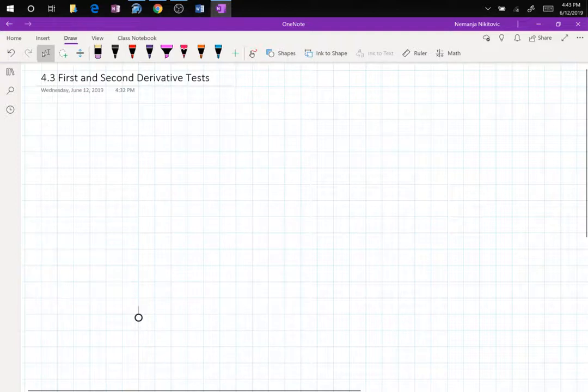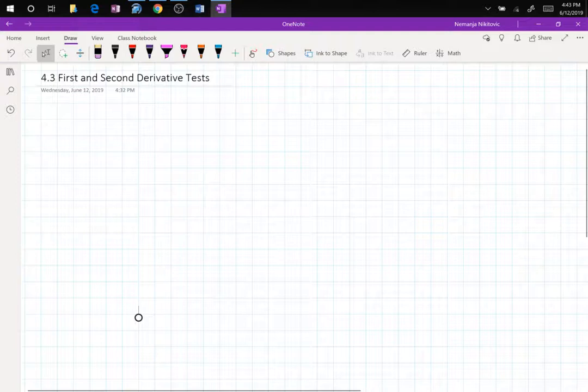We can use these procedures to find intervals on which the function is increasing, decreasing, something called concavity, sort out min and max points, learn about inflection points, and find out a lot about the function without its graph.